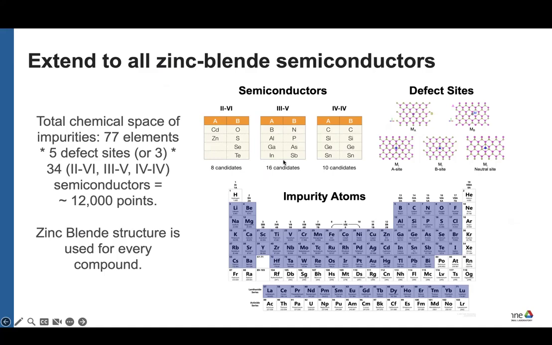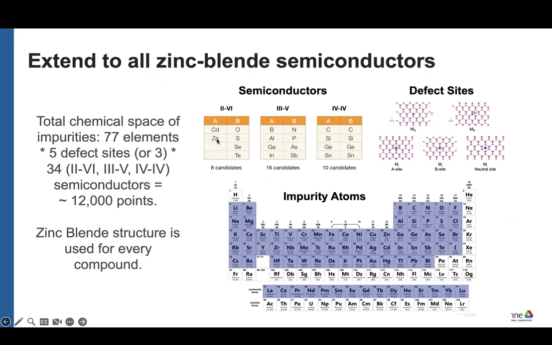So cadmium telluride was one of them, which was our starting point. But we also look at all the other 2-6s, all the other 3-5s, and the group 4, including diamond, which is very different from many of these other semiconductors.